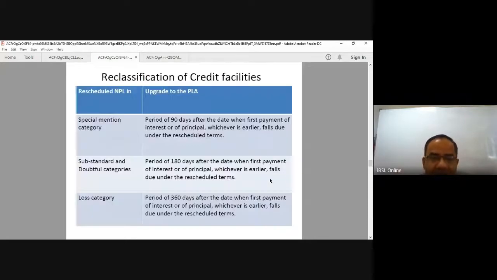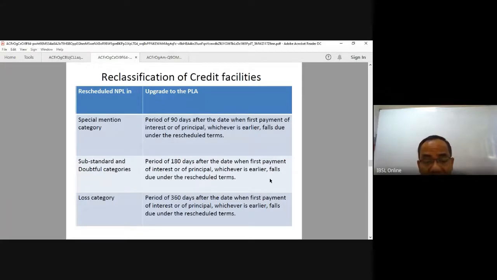In which stage? That is what I mean. If it was in the special mention category when you rescheduled the loan, then you will have to wait 90 days after the first payment. You have to wait for 90 days after the first payment, then only you can bring it into performing.